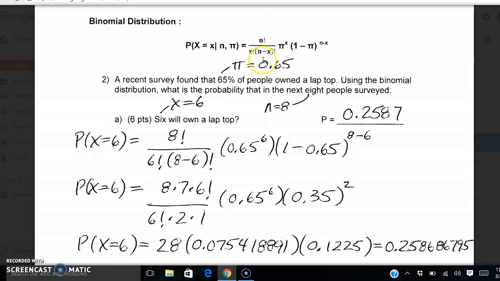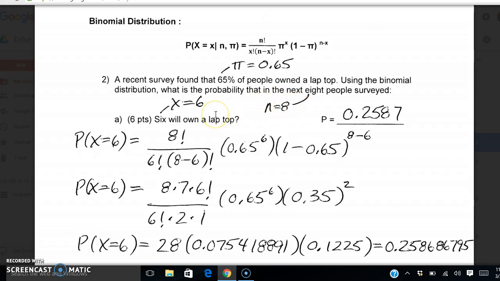We want to use it as a decimal number in the formula, so we change it to 0.65. The n is the total number of observations in the problem. In this case, we're looking at the next 8 people that are being surveyed, so n is 8.